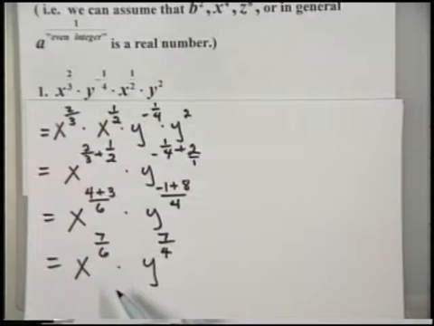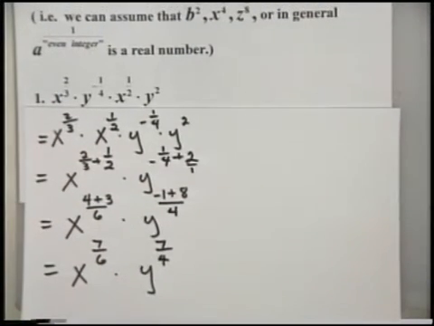That is, I don't want any common factors in numerator and denominator, so we certainly don't have that. And I don't want any negative exponents. And I don't have that. And once you get to there, you're done. That is the final result. Well, let's look at another one.